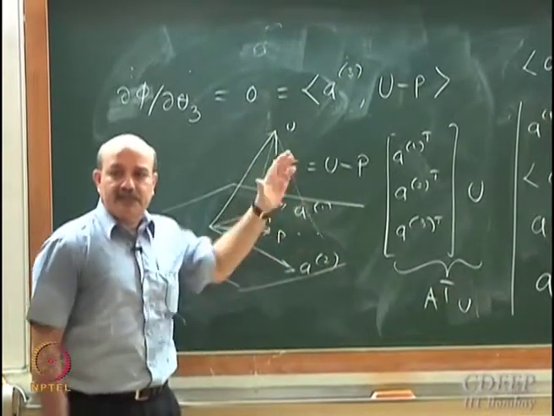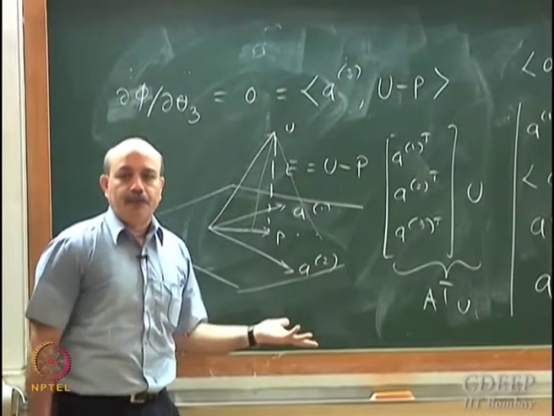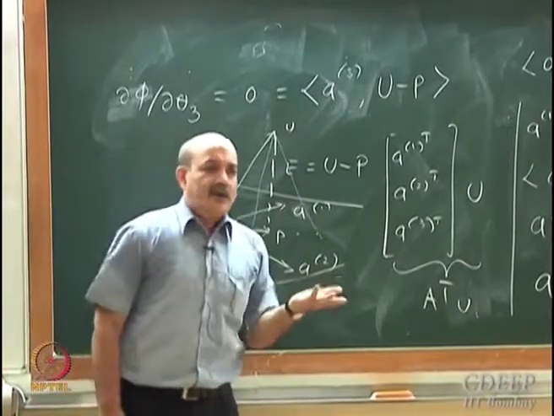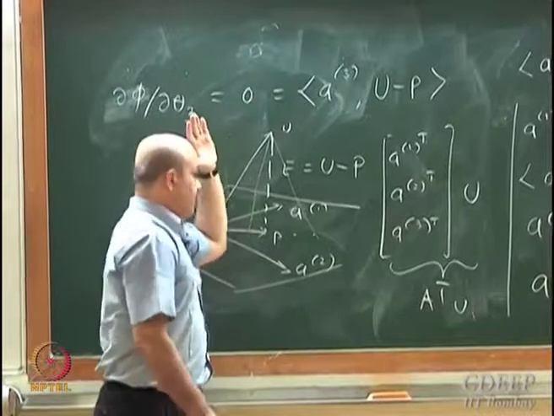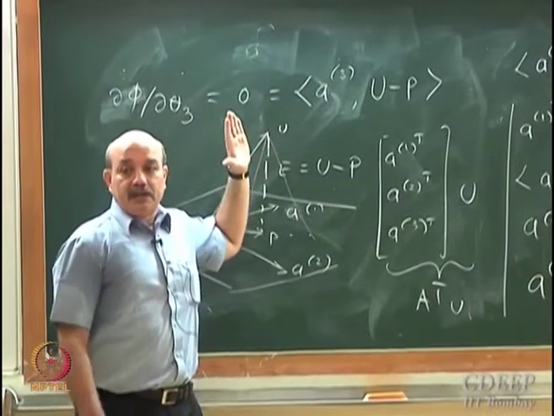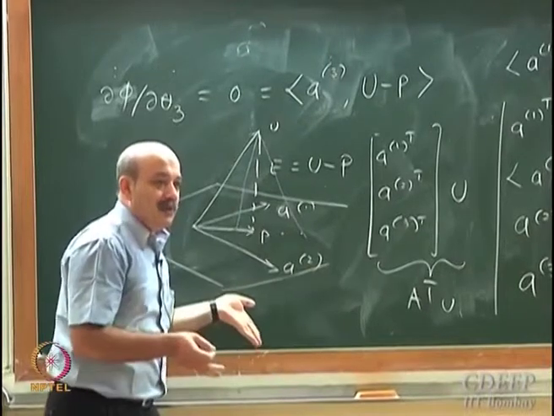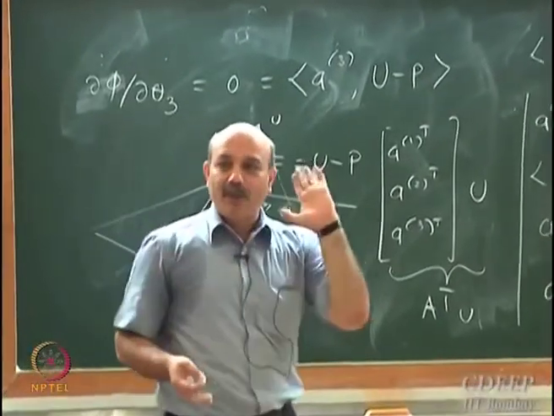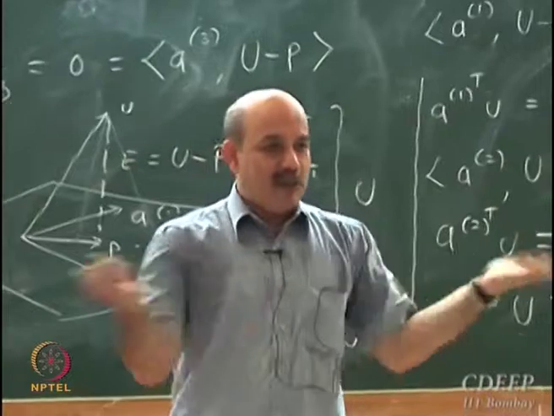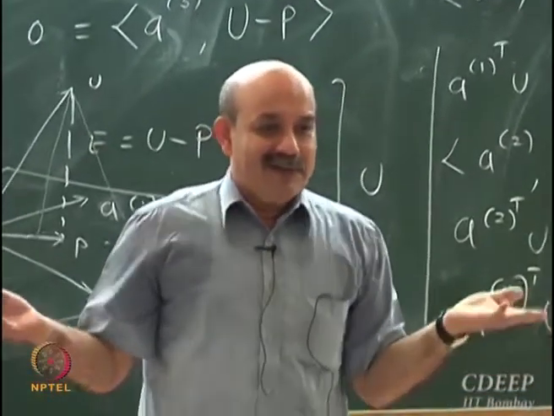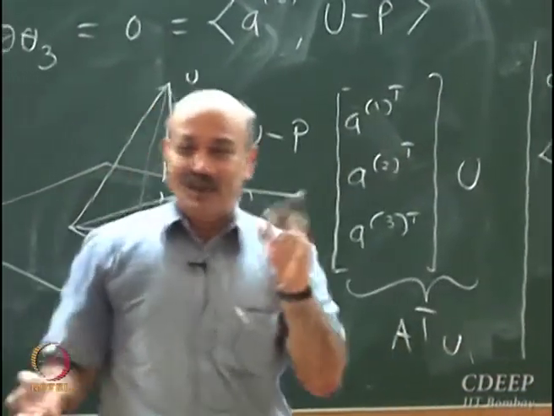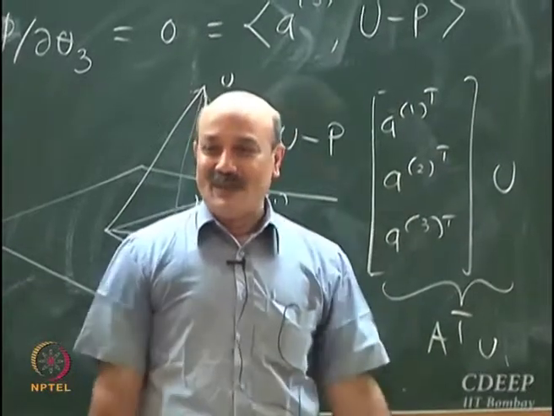What will happen if this vector was lying in this plane? Error would be 0. What is the extreme situation? This u is perpendicular. So what is the best approximation? 0. If u is perpendicular, probably you have done wrong modeling. Error should be small, not that the error vector is perpendicular.